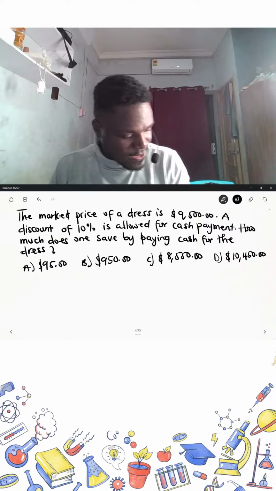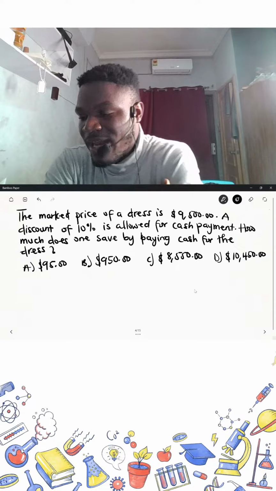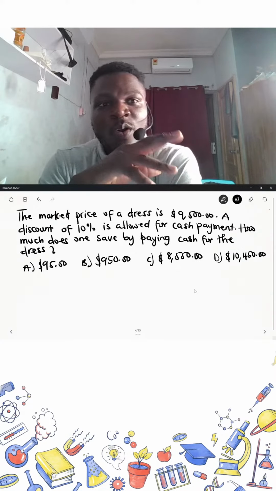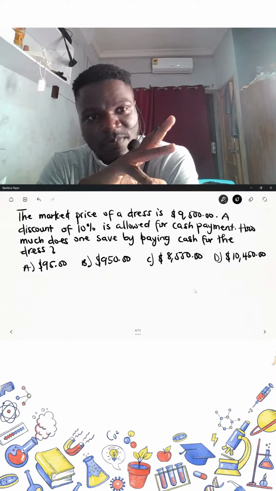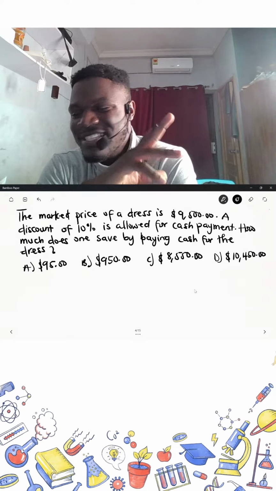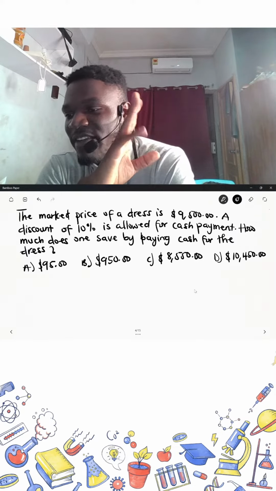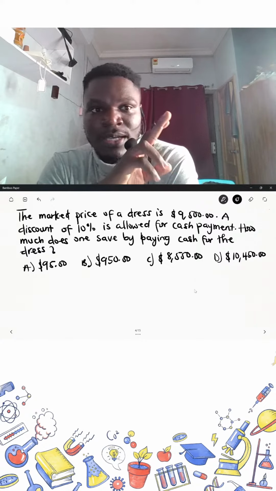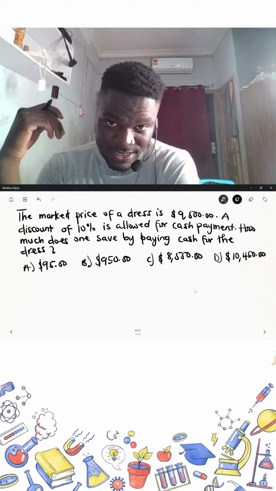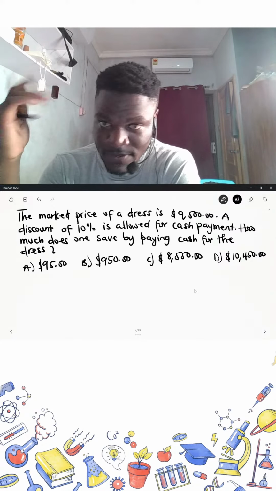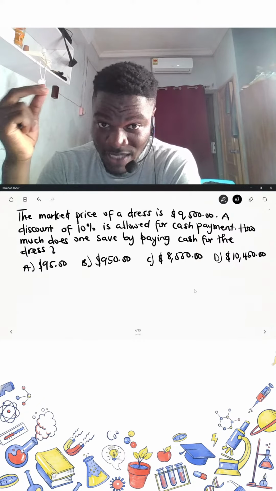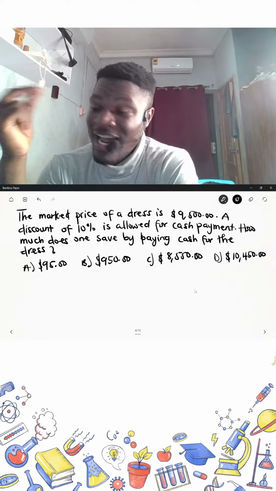Okay, so this is the problem that we have now. The market price of a dress is $9,500. A discount of 10% is allowed for cash payment. How much does one save by paying cash for the dress?